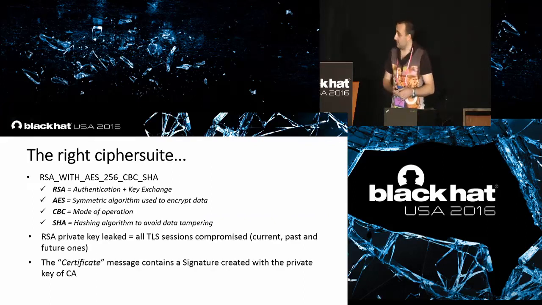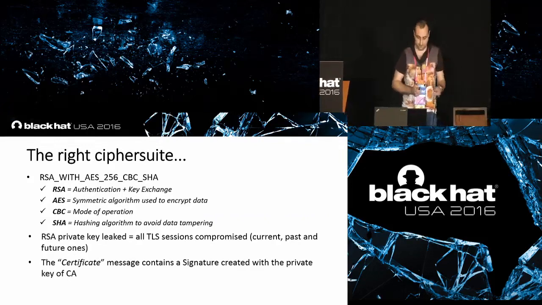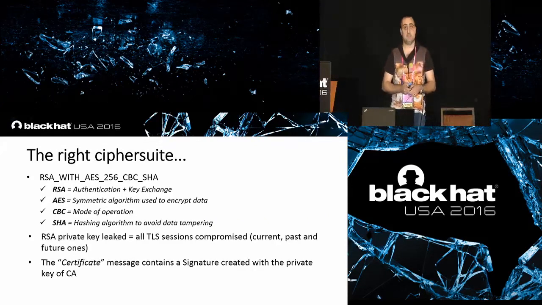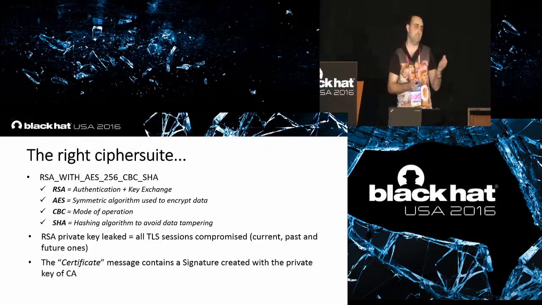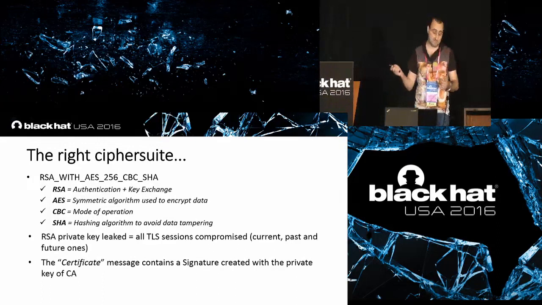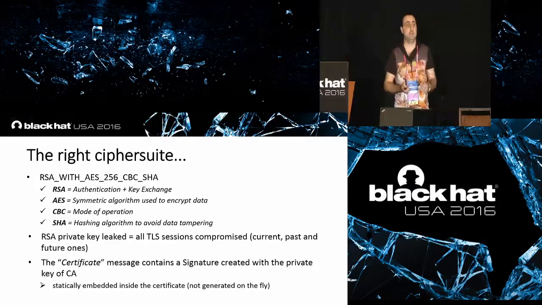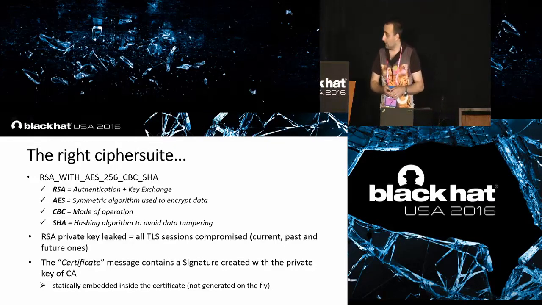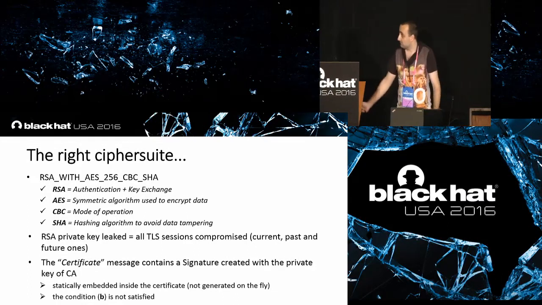And the certificate message, in this case, contains a signature, but the signature is generated with the private key of the certification authority, or the private key of the server if we have a self-signed certificate. But this signature is statically embedded and not dynamically generated. And we can say that this cipher suite is not good for our purposes.